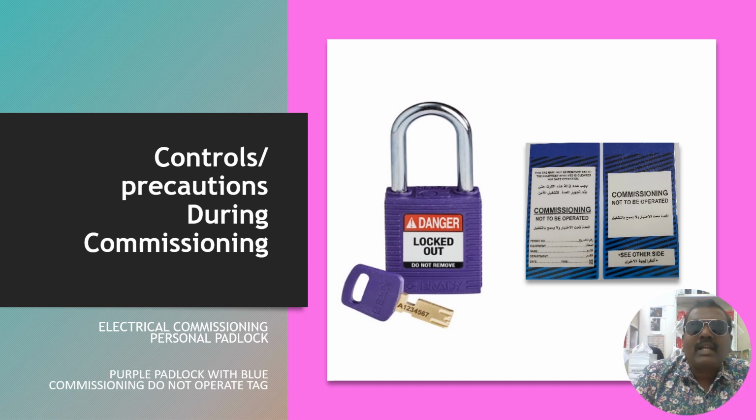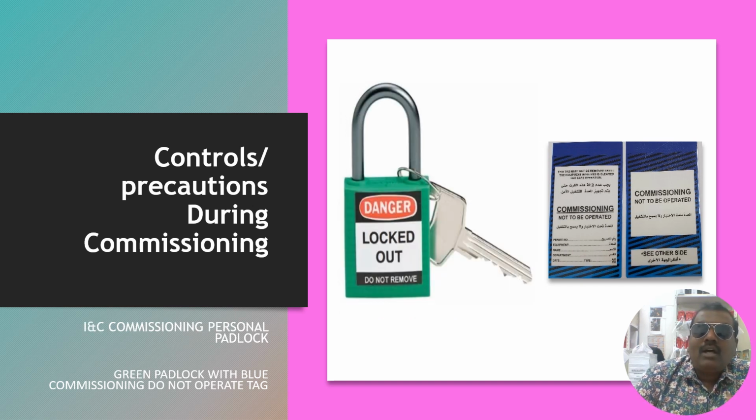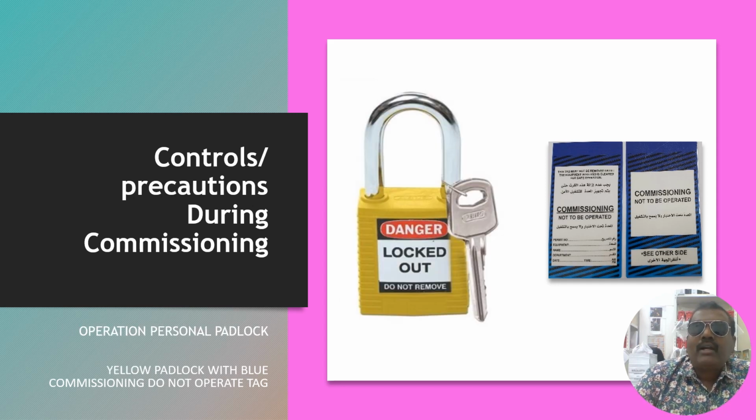Each department can have a tag and a different color padlock. The electrical department can use purple, black can be used by the mechanical department, INC can use green, and the yellow padlock can be used by the operational department.